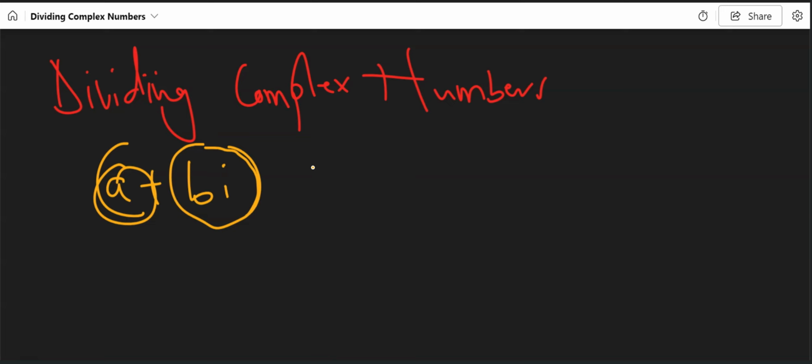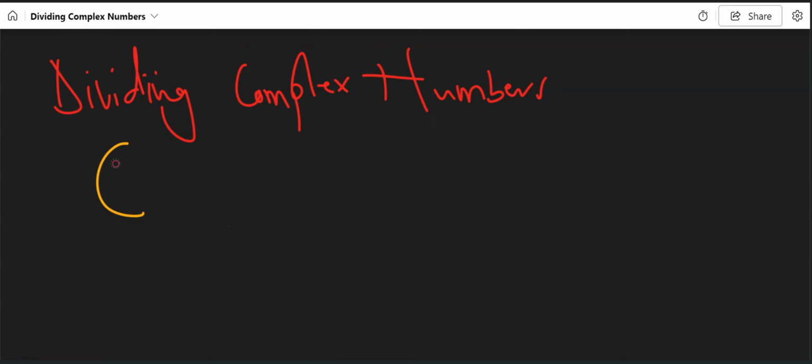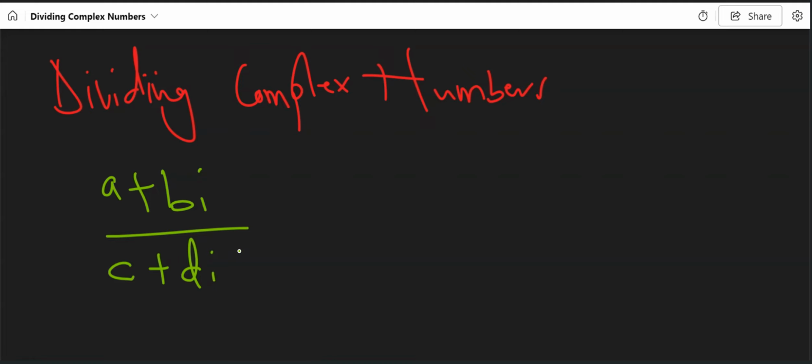So in division of complex numbers, we introduce a new concept. When given a plus bi divided by c plus di, we introduce a new concept called a conjugate.